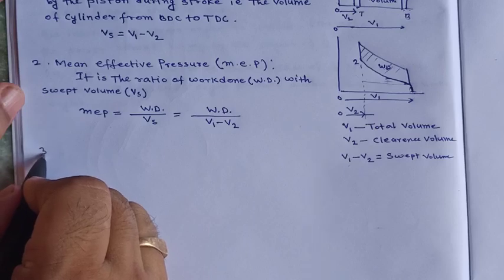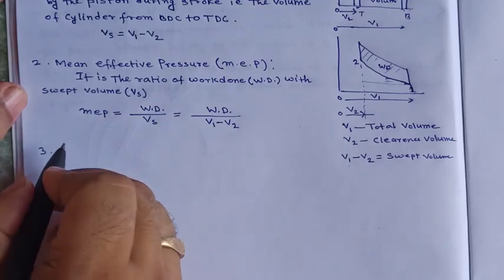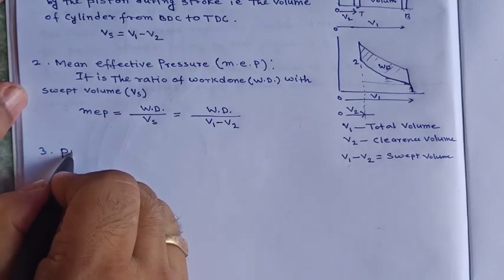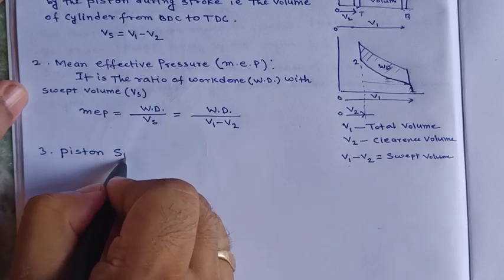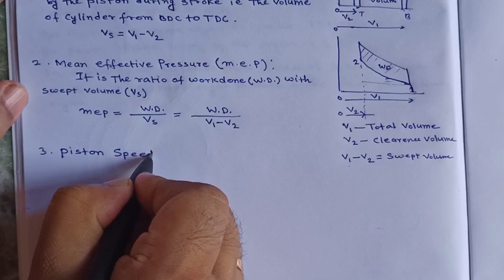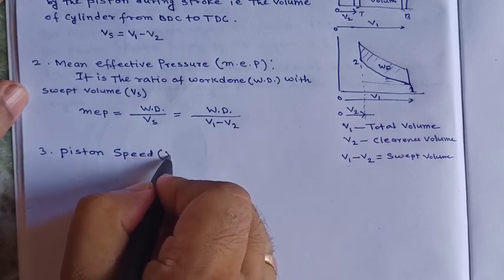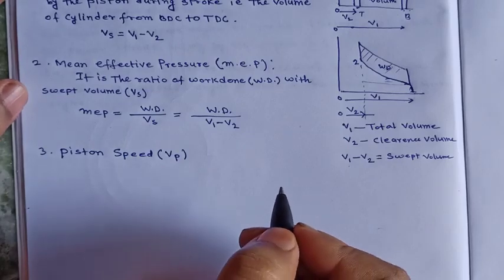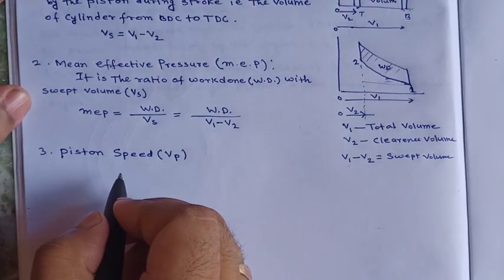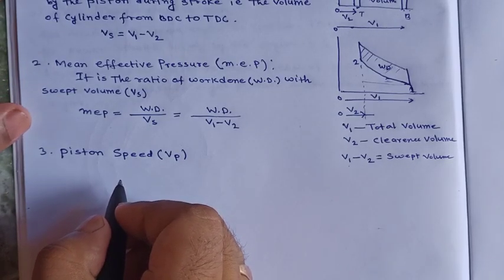Now 3. Piston speed, V suffix P, that is the speed of the piston.